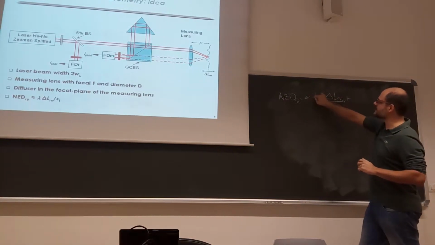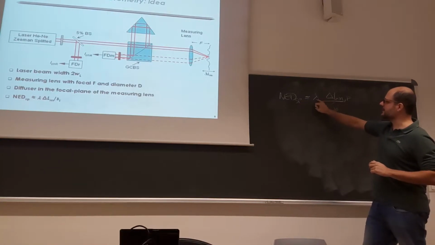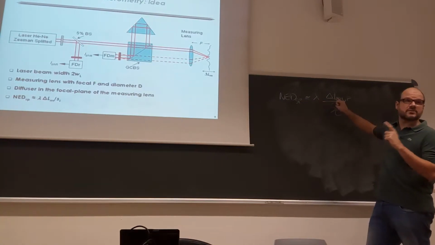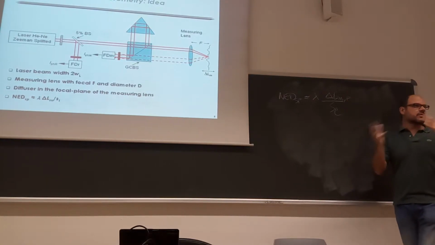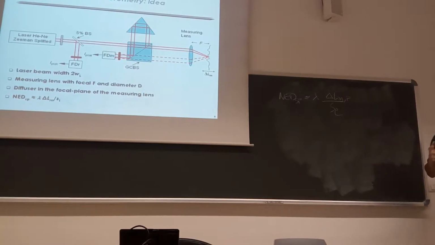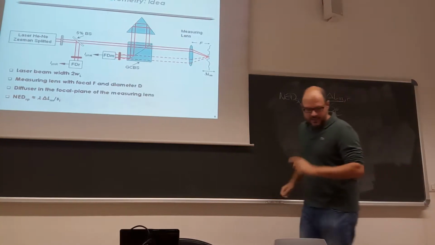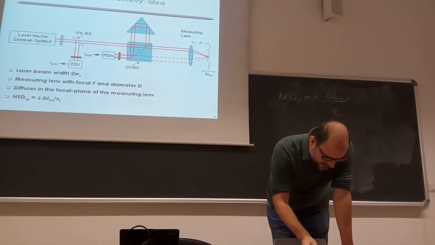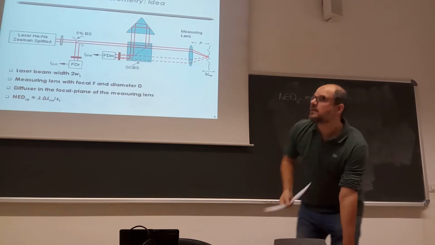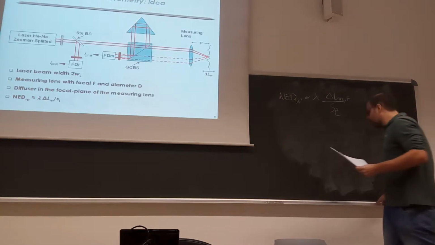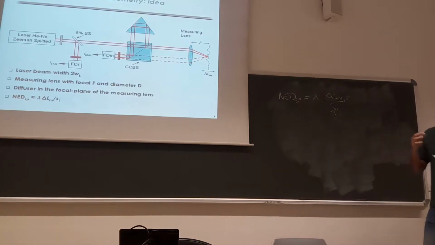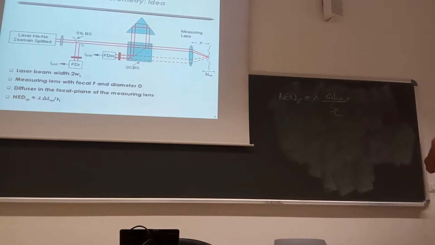But the important thing is that the noise equivalent displacement is related to the wavelength and to this ratio. So the lower this ratio, the higher the resolution, or the limit of measurement. This is important. We can try to use some numbers just to understand if we can have a useful measurement or not. Okay?